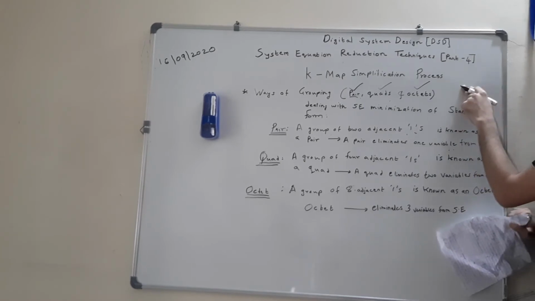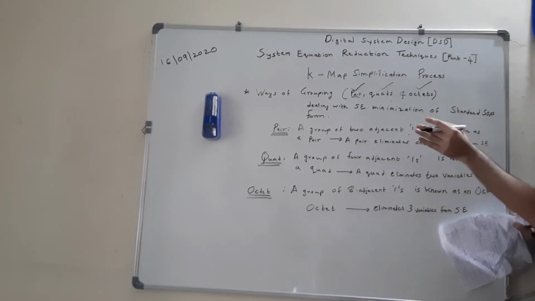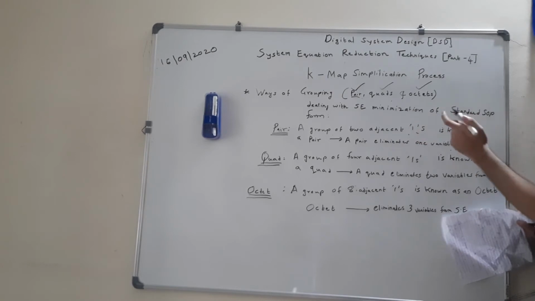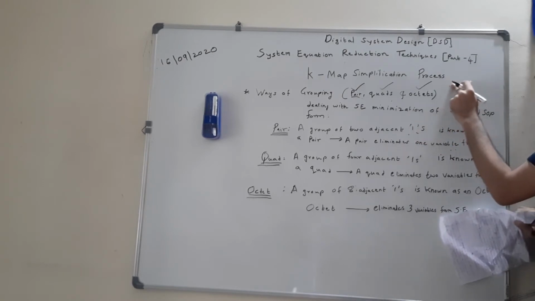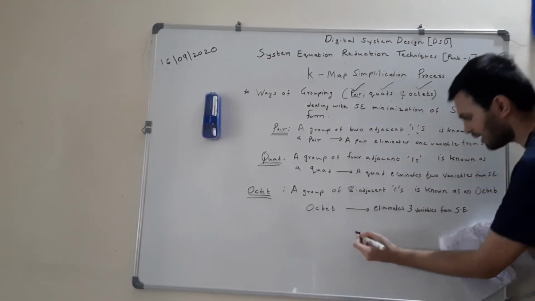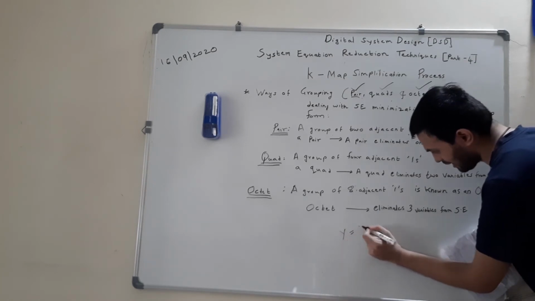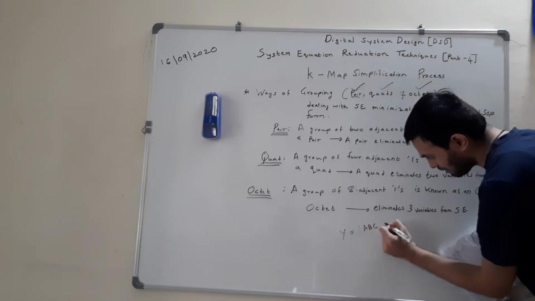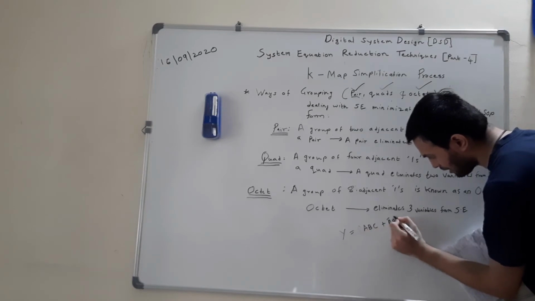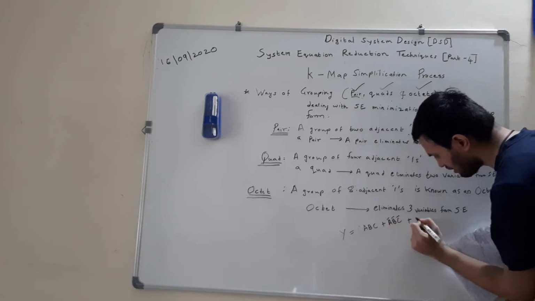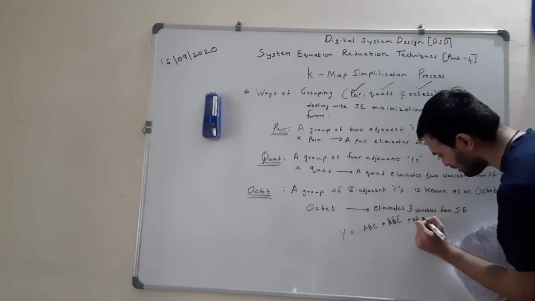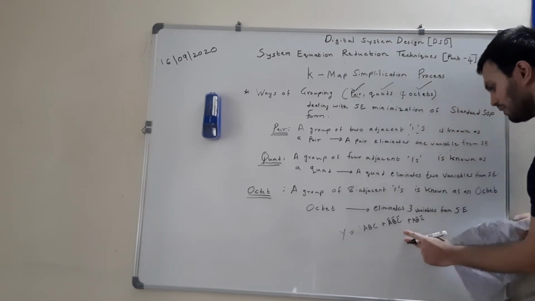So why are we studying all this K-map technique? To reduce a given equation. So reduce or simplify a given expression. Suppose I have an expression like this. Let's say I write it over here. So y is equal to, let's see, a b c plus a bar b bar c bar plus a b c bar. Now this is the expression which I am having.